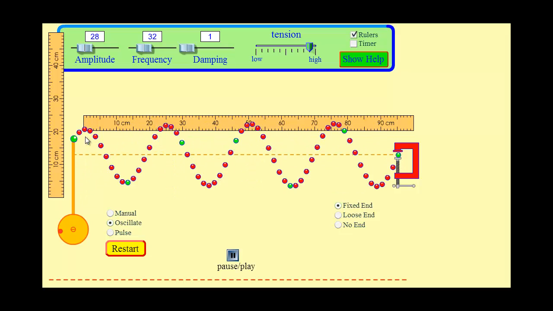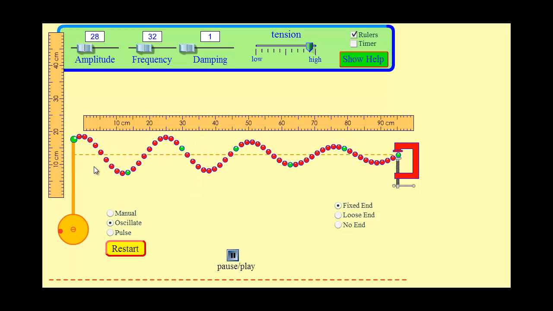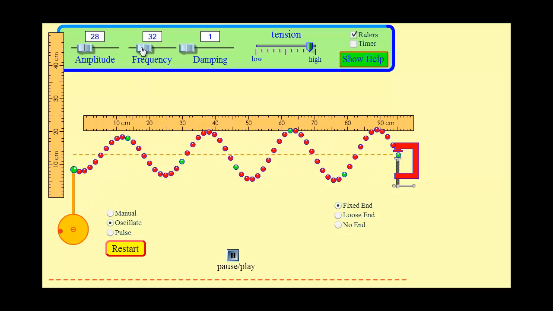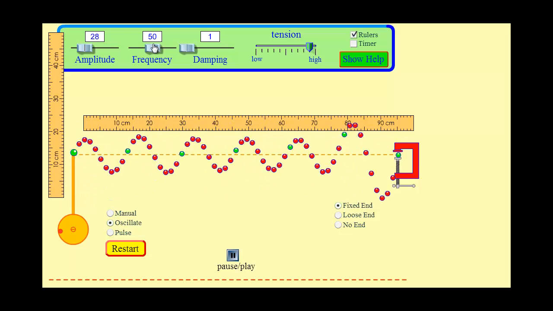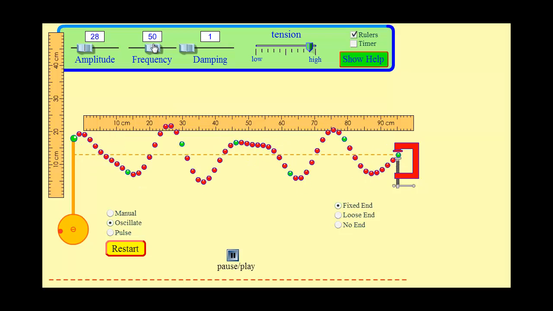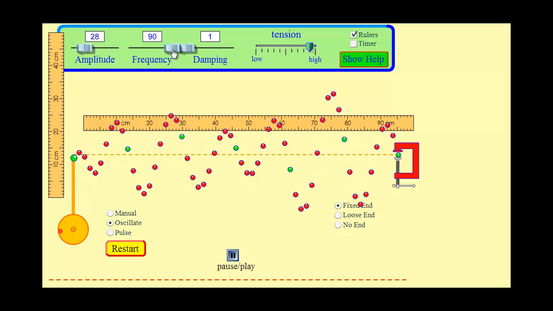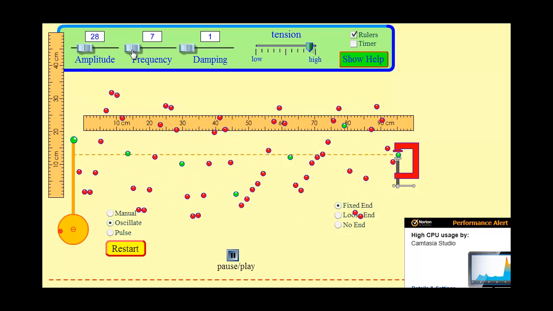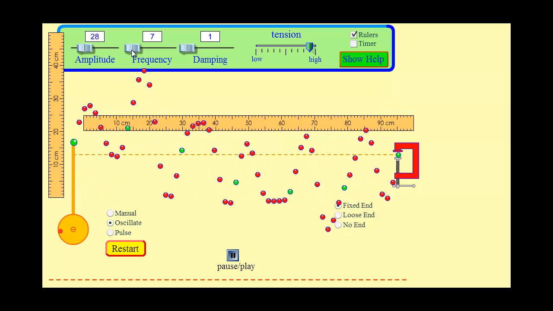That is, it is going up, then coming to the zero displacement point, then going down in the negative direction, then again back to the main position. One complete cycle. So let us increase the frequency. If we increase the frequency, we see that there are more complete cycles for a given period of time. If we decrease the frequency, that means the number of complete cycles per second has been significantly reduced.